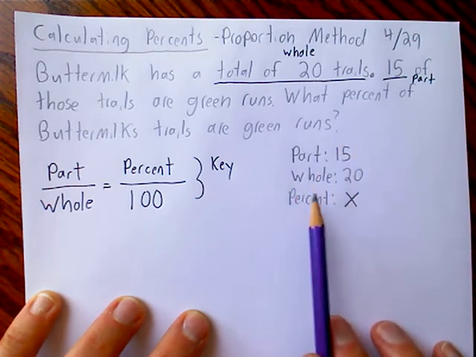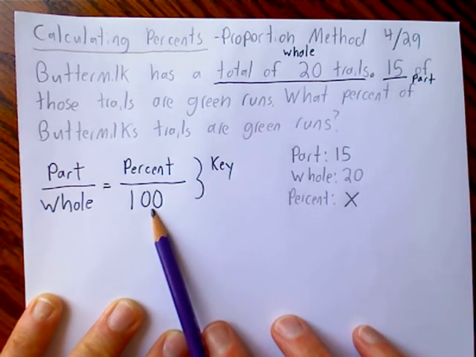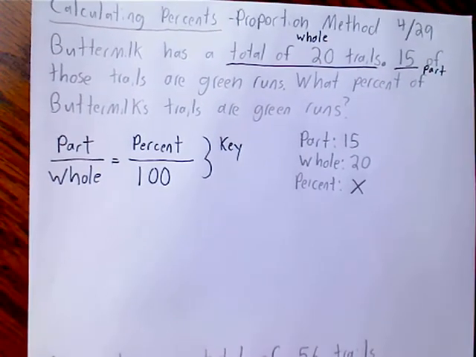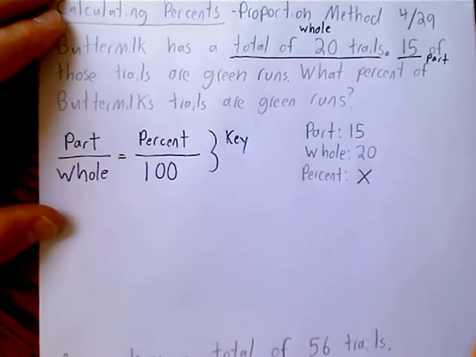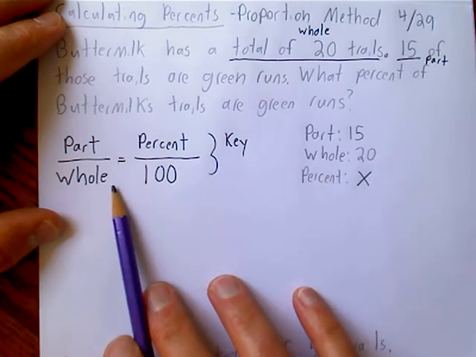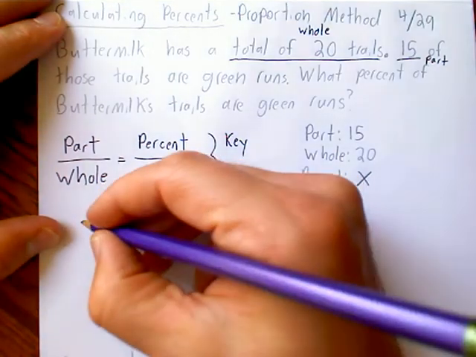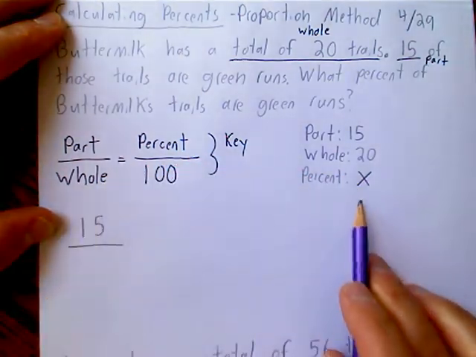After we have established these components, we're going to plug them in to our key over here. Don't worry about this example problem down here, that's going to come next. We're going to fill in this to here. So what's our part? Well, we laid it out so nicely. That's 15. Our whole, that's 20.